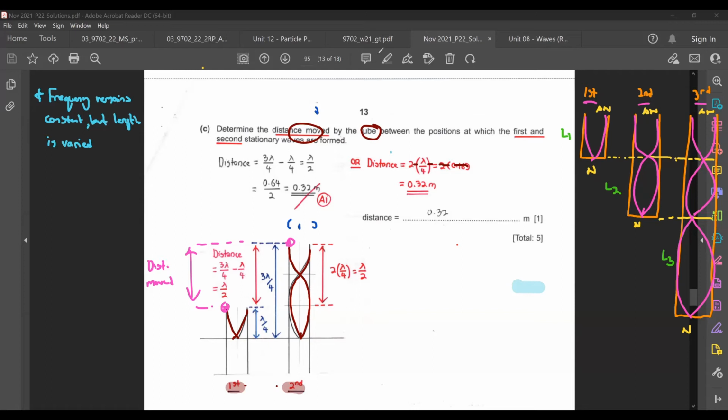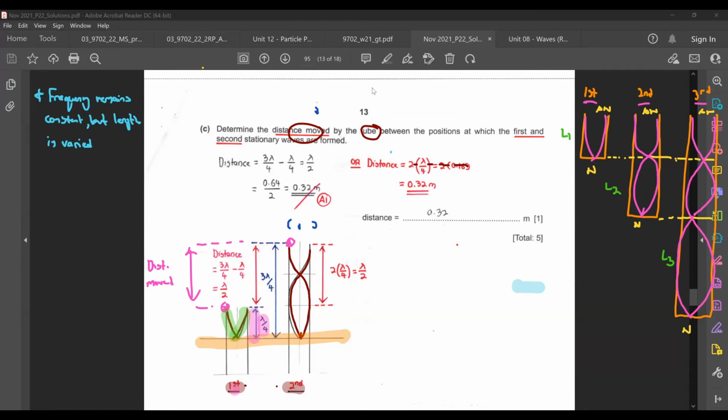Okay, probably no need to draw to scale. You see, if I talk about this shape here, from the water surface, which is the orange line here, this one would be lambda over 4. This one is for the first stationary wave.